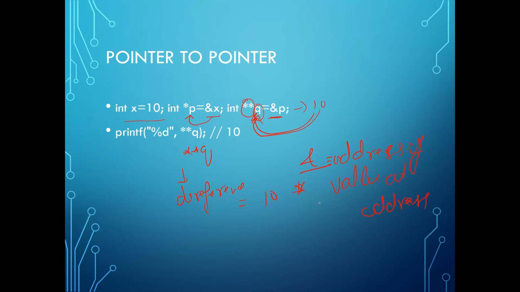So address of x is assigned to the value at address p. Okay. So this is dereference. We are dereferencing the things here. That's why you have got 10 here.